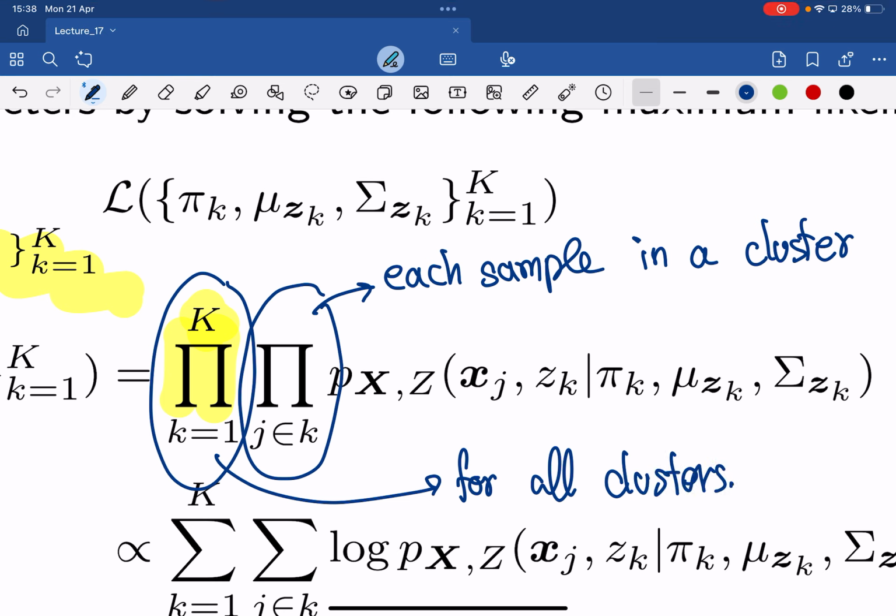So if you compute the joint probability by multiplying all of these, they represent the joint probability of all data samples that you're considering, and these data samples are your training samples.